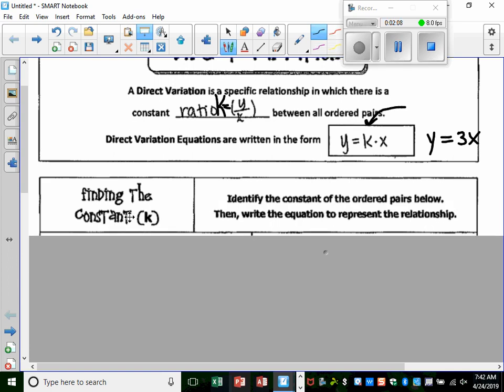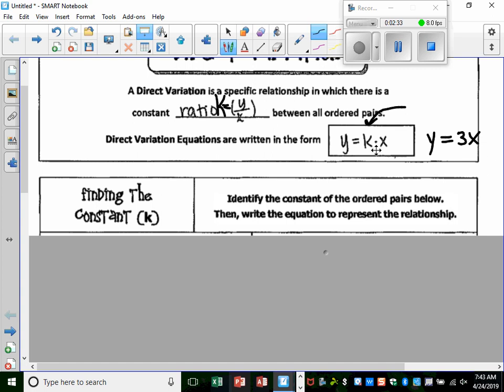So let's start with the constant. Constant is k. We find k by taking the y value dividing it by the x value. So here it says identify the constant of the ordered pairs below, then write the equation to represent the relationship. So like I said, once you have k, then you'll write it so it'll look like this.